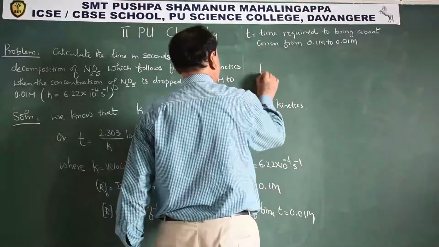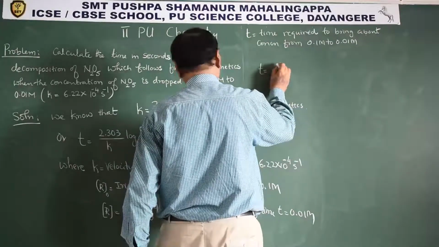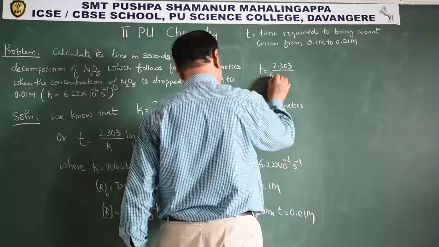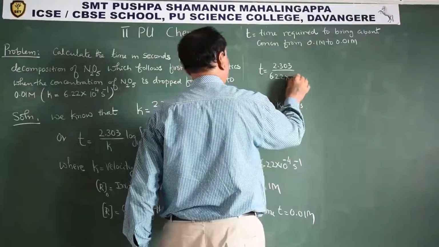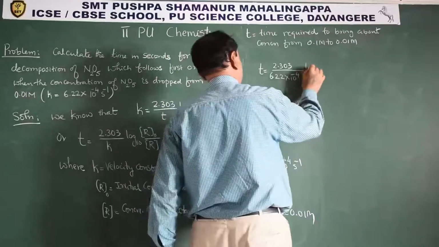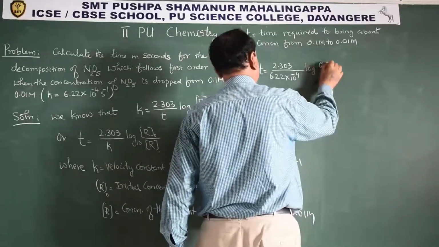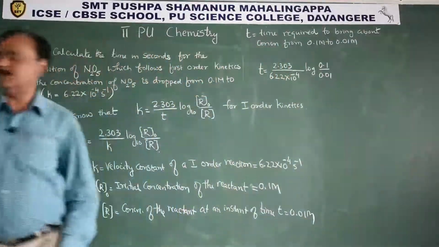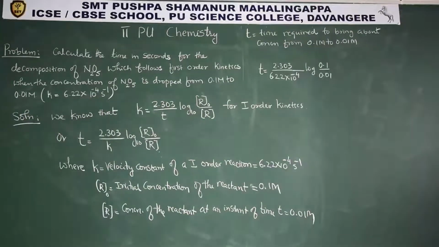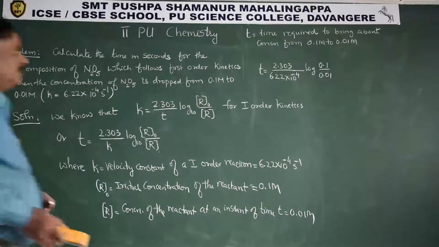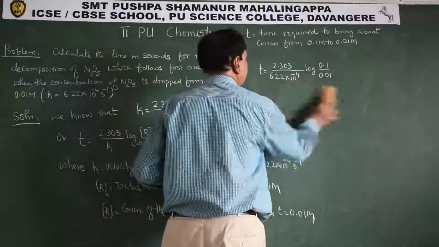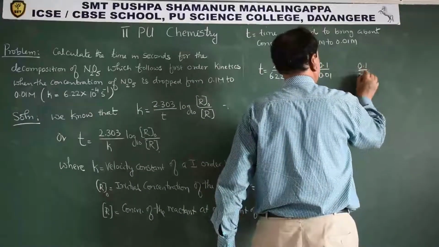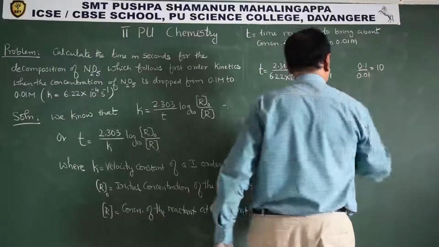Then t is given by 2.303 divided by 6.22 into 10 to the power of minus 4, into log base 10 of 0.1 divided by 0.01. Simplify. You know that 0.1 divided by 0.01 is equal to 10.